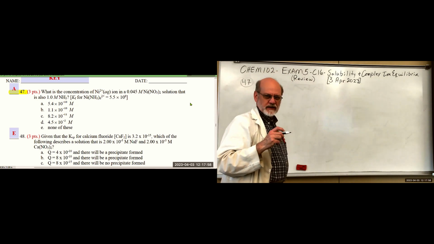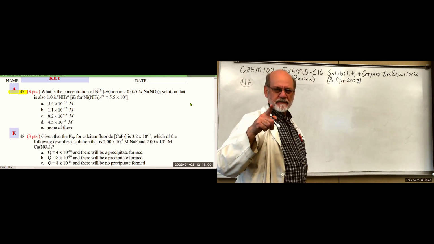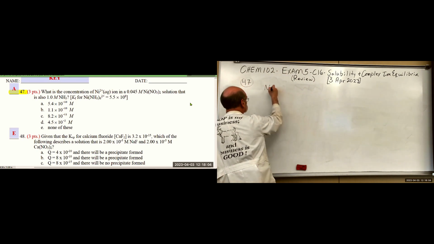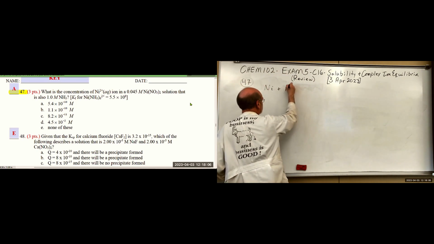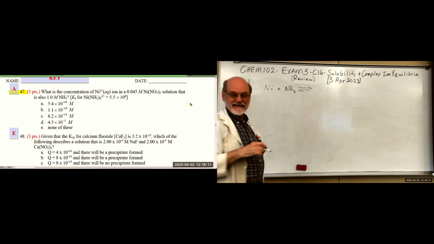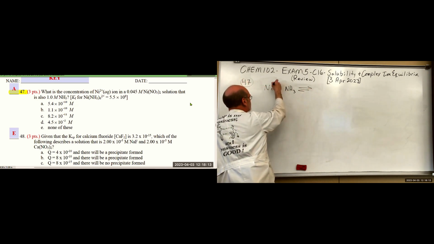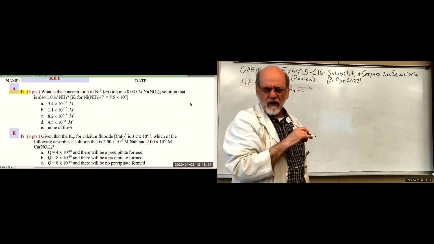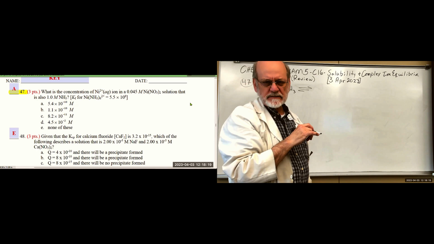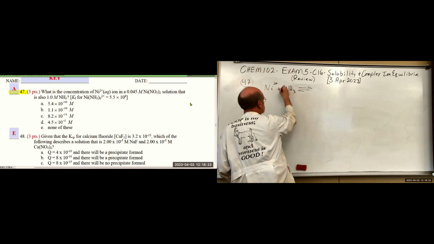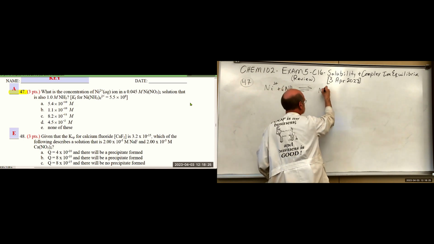So the equation we're dealing with is the nickel and ammonia associated. Okay, 2+ ion. How many ammonias? I think there were 6, weren't there? Yes, 6 ammonias makes this complex ion.